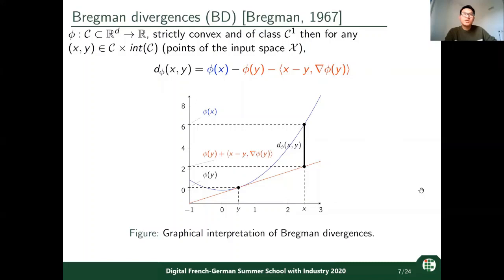The Bregman divergence between input data x and input data y is defined as the difference between phi of x, exactly at point x, and the linear approximation around point y of function phi, again evaluated at point x. This difference is exactly the vertical black line here, and it carries many interesting properties such as non-negativity, obviously, and the Euclidean distance is also one of them.